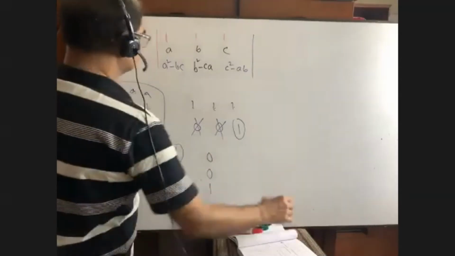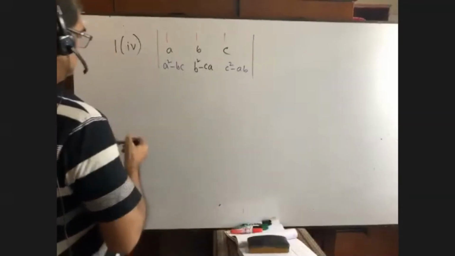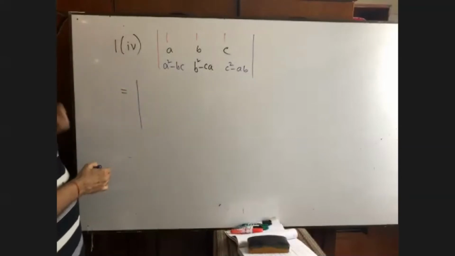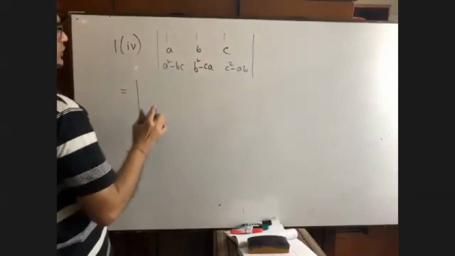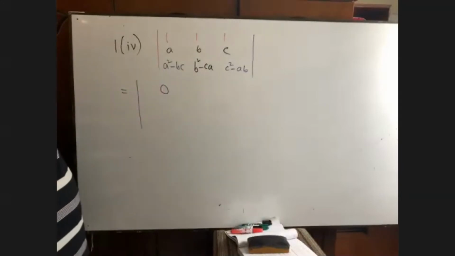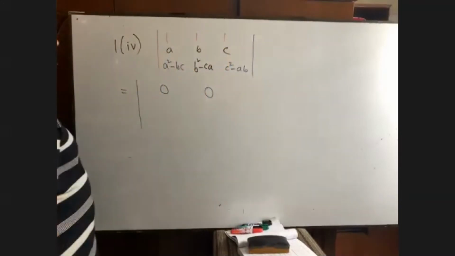Okay, let's see. As per my previous words, you see 1 minus 1 equals to what? 0. Again, 1 minus 1 equals to what? 0. And it is 1.